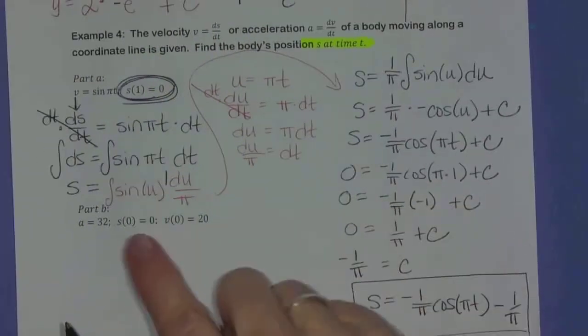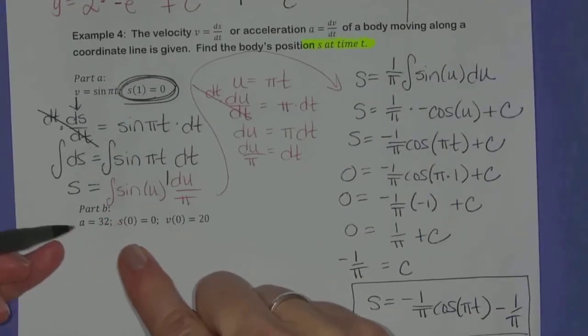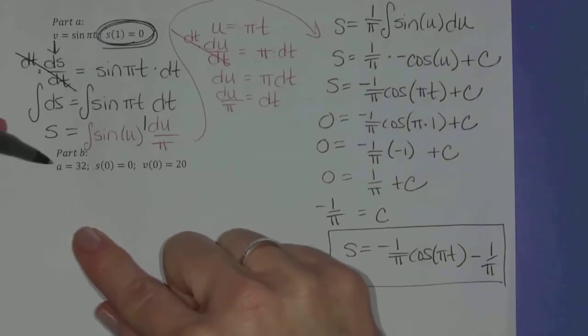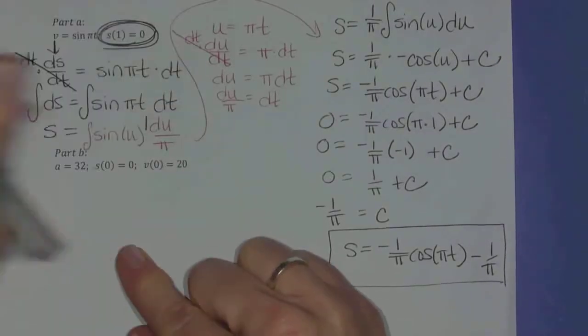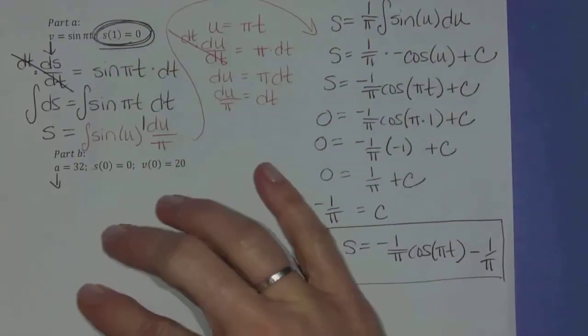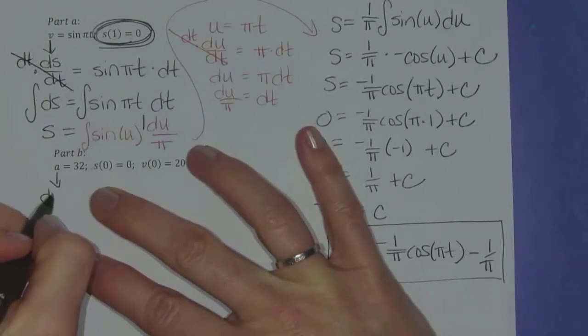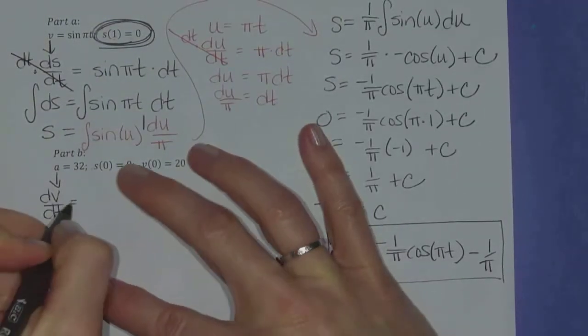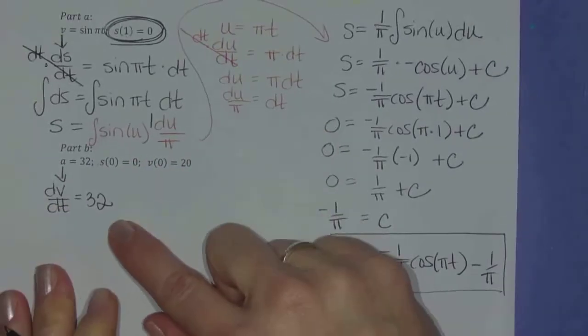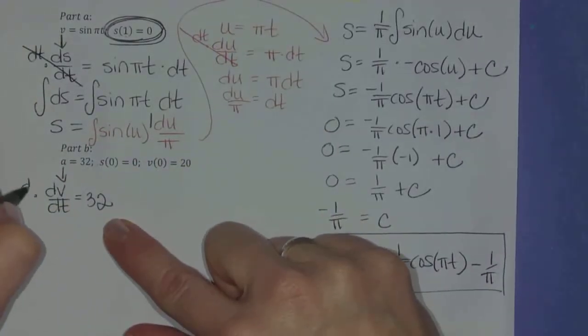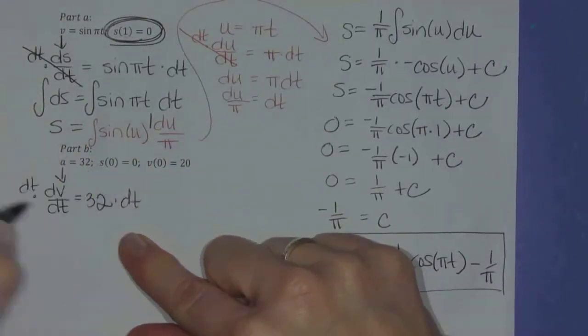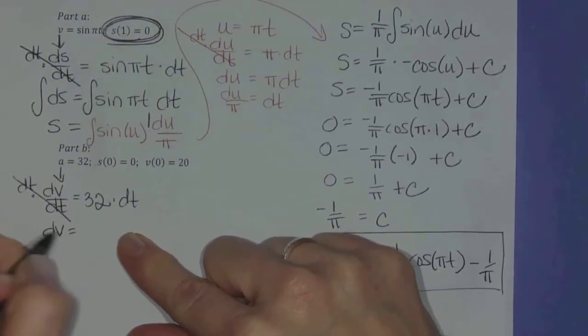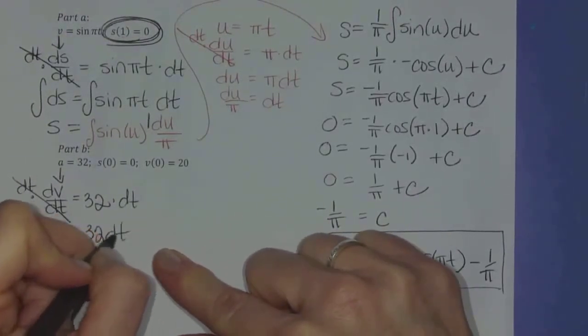Okay, and our last one, part B. This time they're giving us not a velocity, but rather an acceleration. So our acceleration is the constant 32. So the first step is I'm going to write acceleration as the derivative of v with respect to t. I'm going to multiply both sides by dt, so that dv is equal to 32 dt.